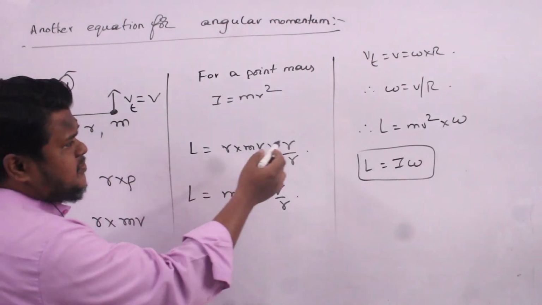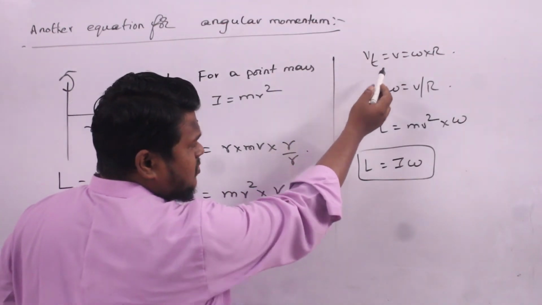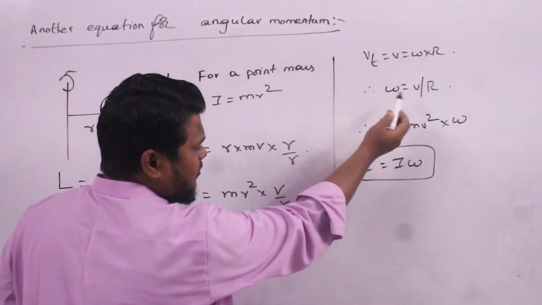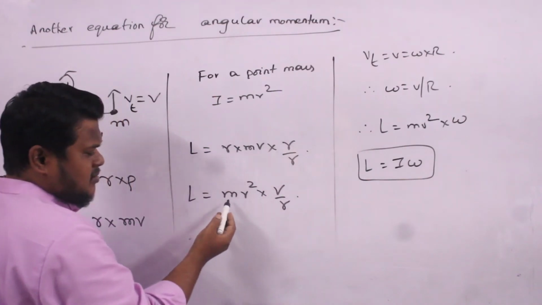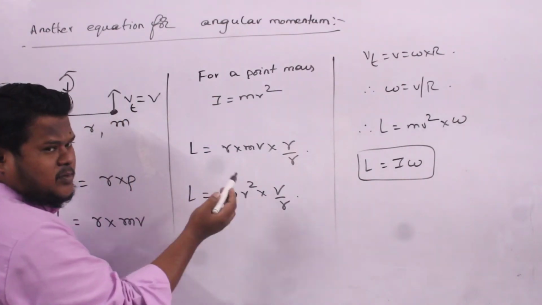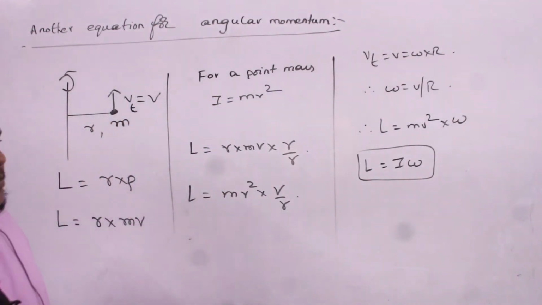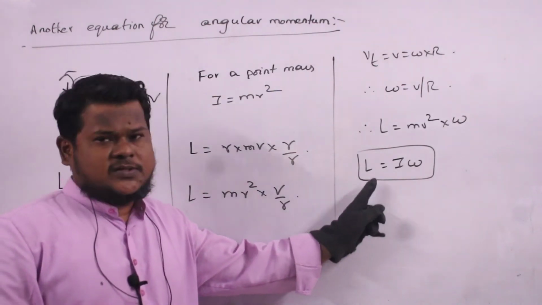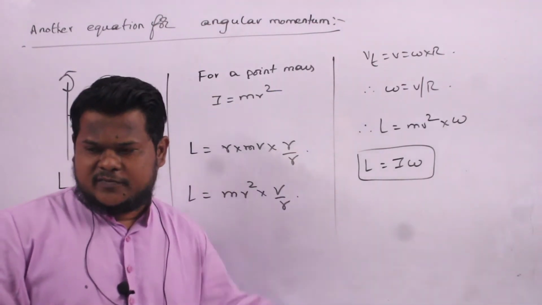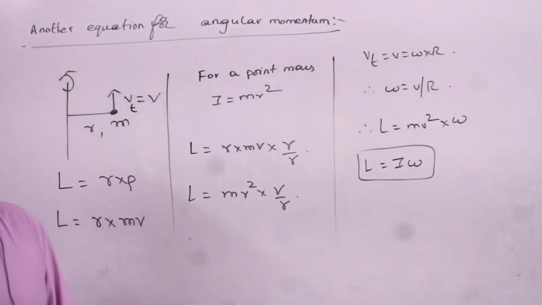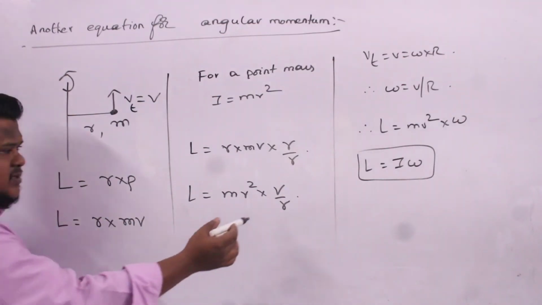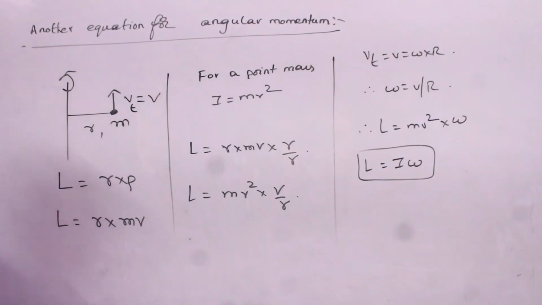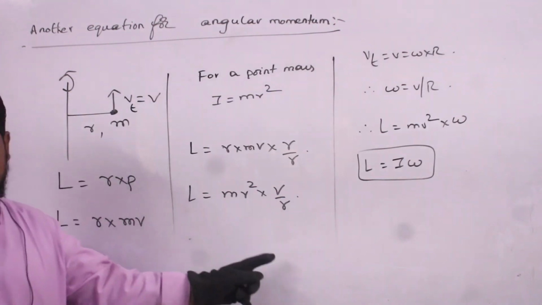Tangential speed is omega into r, so omega is equal to v by r. So instead of v by r, I can substitute omega, and instead of mr square, I can write moment of inertia I. Therefore L is equal to I into omega. This is another equation for angular momentum. One equation is mvr or mvr sin theta, and another is I into omega. So these are the two equations of angular momentum.